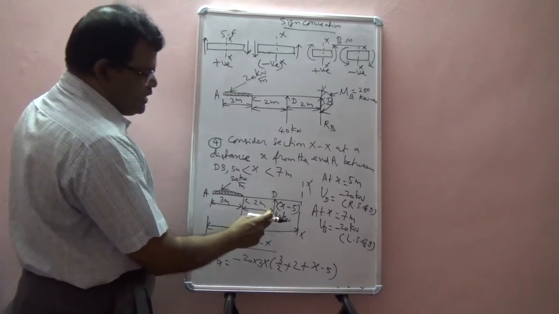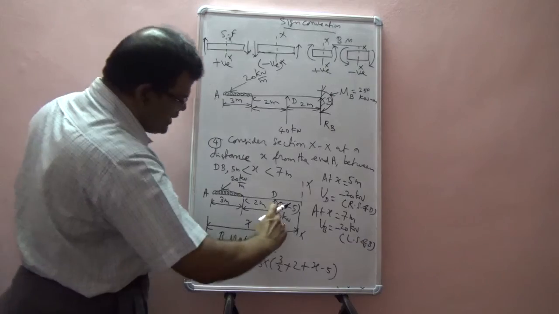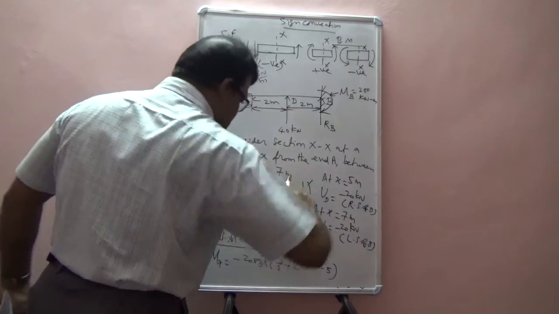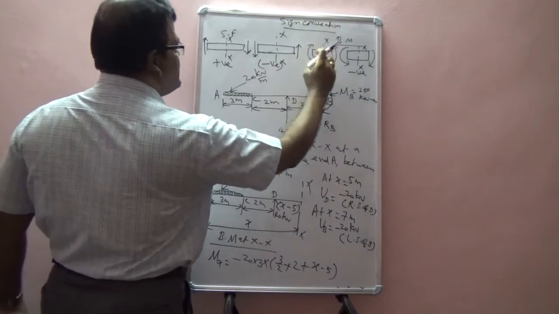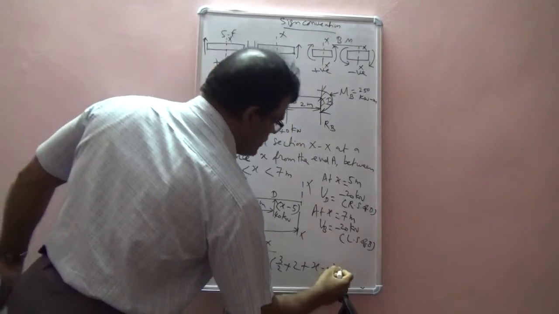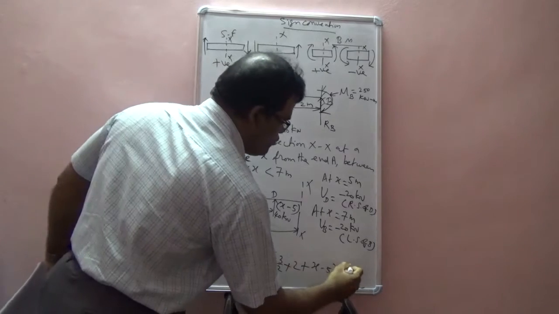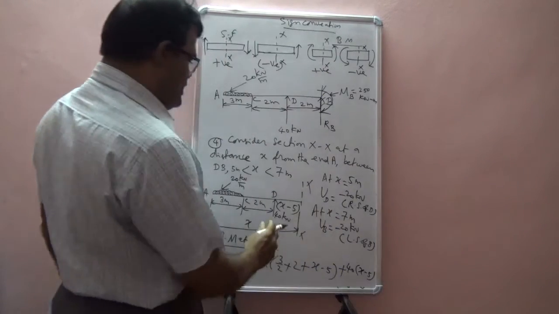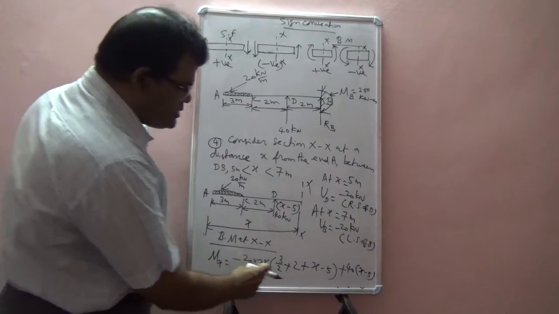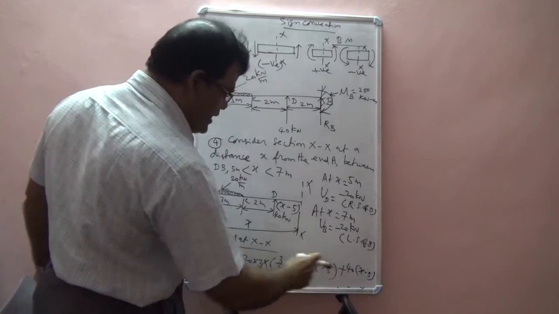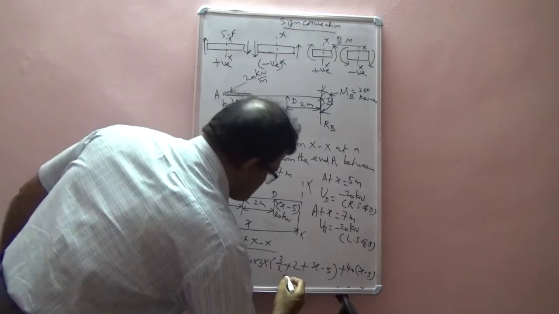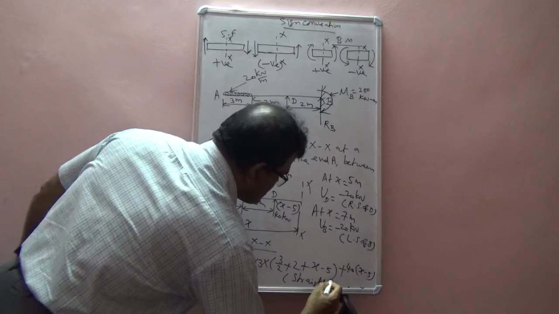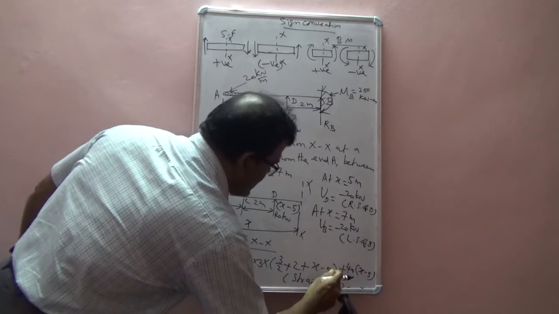The next is 40 kilonewton, which is acting vertically upward and tends to rotate the beam in the clockwise direction. So left side clockwise moment is positive. Therefore plus 40 multiplied by x minus 5, that is the distance. Here also there is only an x term, it is not multiplied anywhere. Therefore it is a straight line equation.